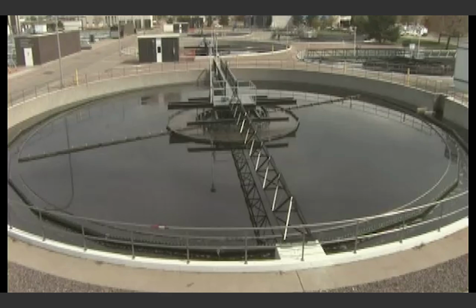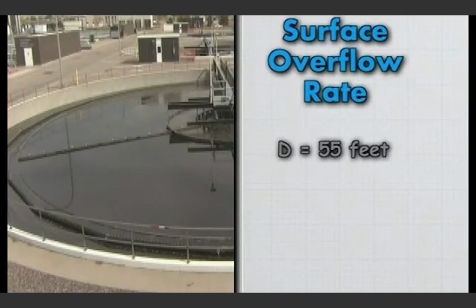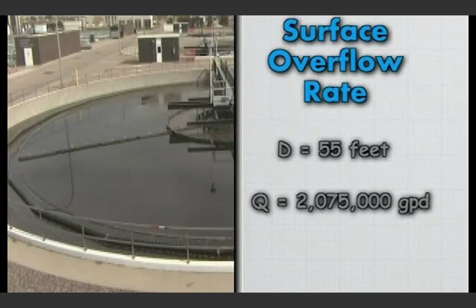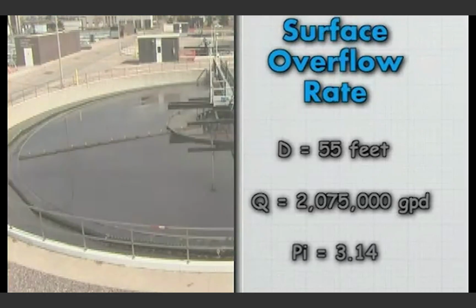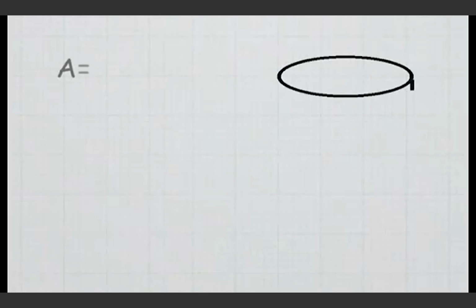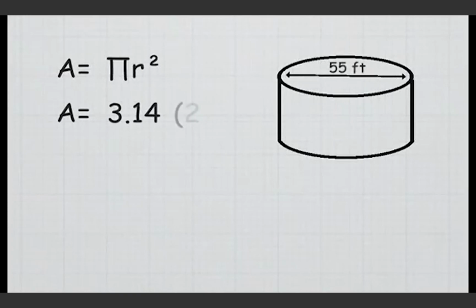Now let's apply this equation to a circular center feed clarifier with a diameter of 55 feet and an influent flow of 2,075,000 gallons per day. This time we're dealing with a circular surface area, so we'll need to use pi. You'll recall that the area of a circle can be calculated by pi times the radius squared. Pi is commonly rounded to 3.14, times the radius, which is half of the diameter, 55, or 27.5 squared.